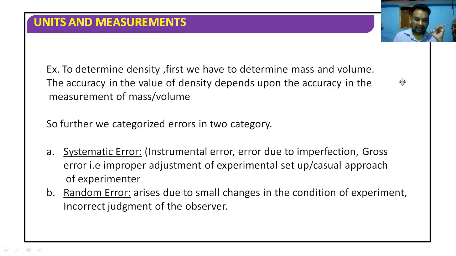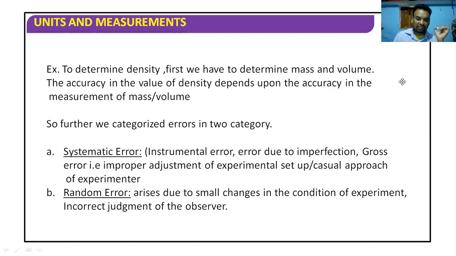So if the pointer is exactly at zero, you take voltmeter, you take ammeter, or you take galvanometer, if the pointer is exactly pointing on the zero, then it means zero error, means no error. But if it is either in the left side or in the right side, then it may create an error. Suppose if it is in the left side of the zero, then all the values in the left side of the zero are negative values.